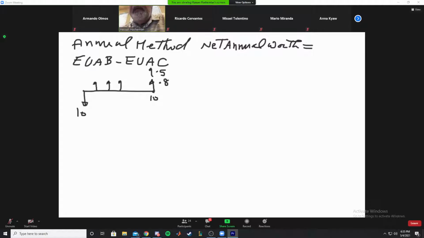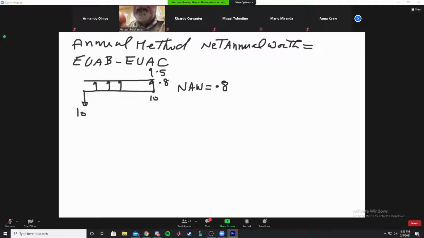So how do I make the net annual worth? First of all, my benefit is already annual. I don't have to do anything. They're already A. So 0.8 is my benefit.